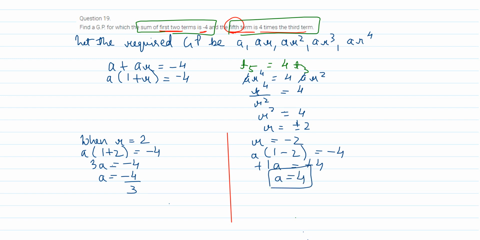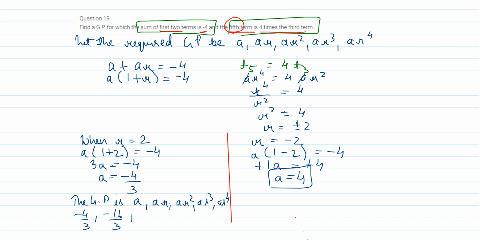Now students, your required GP you just have to substitute. Therefore the GP is a, ar, ar square, ar cube, and ar raised to 4. What is my a here? It's minus 4 upon 3. Then a into r is minus 4 upon 3 into minus 4, which gives minus 16 upon 3.